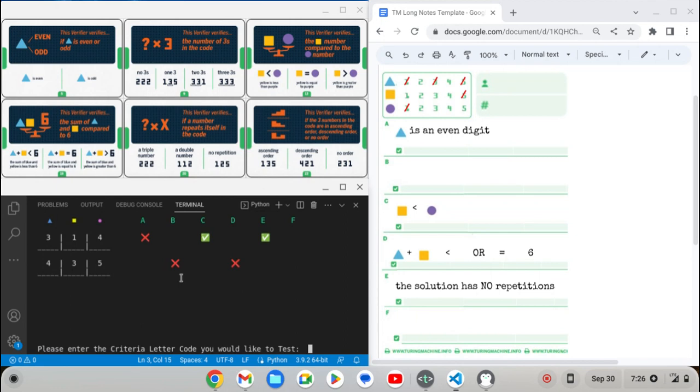Okay, so it is not true that there's a single 3. So that means that either we have no 3s or 2 3s. Well, we can't have 2 3s because there's no repetitions. So we know that you can't have 3. We know you can't have 2. It did not like the fact that there was a 3, because that's what I had in my proposal.